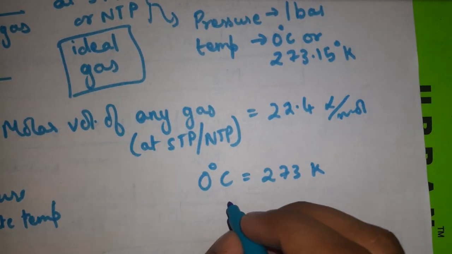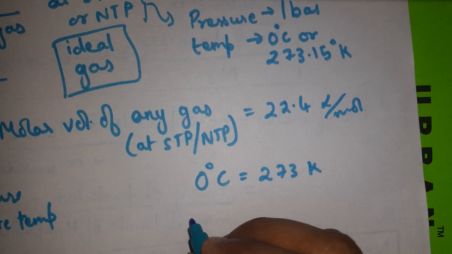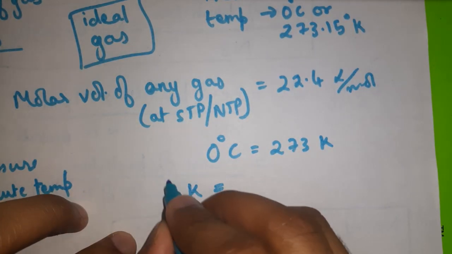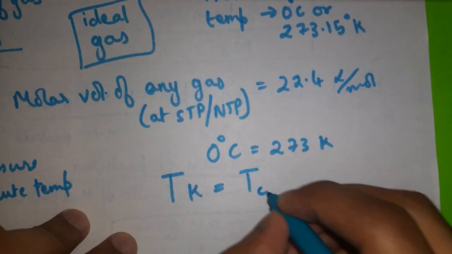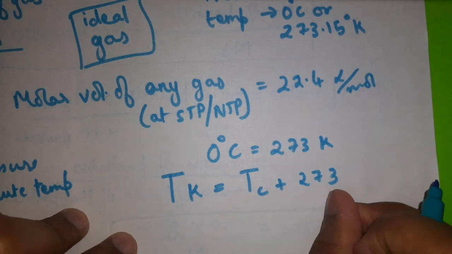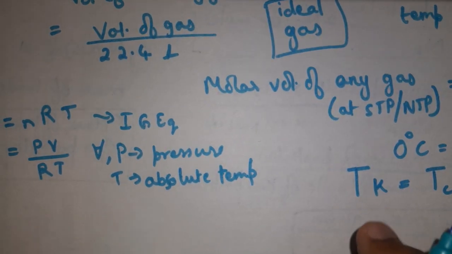So if you want any value in Kelvin, T in Kelvin is equal to T in Celsius plus 273. So temperature in Celsius plus 273 would give you temperature in Kelvin.